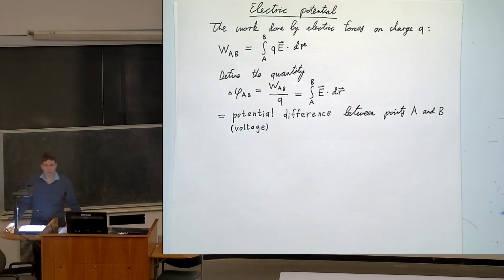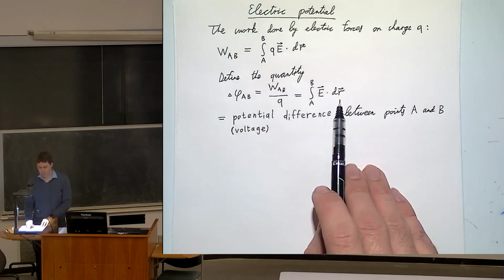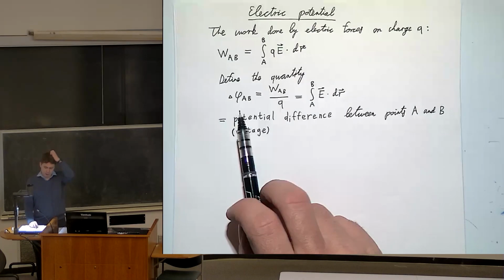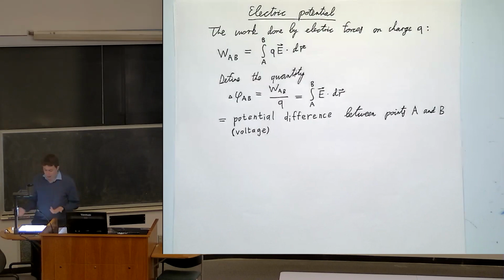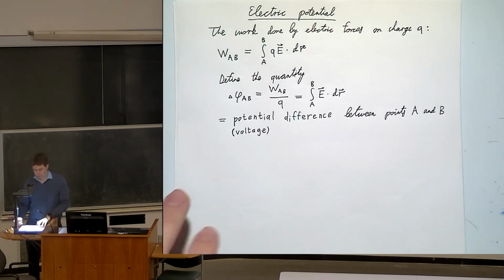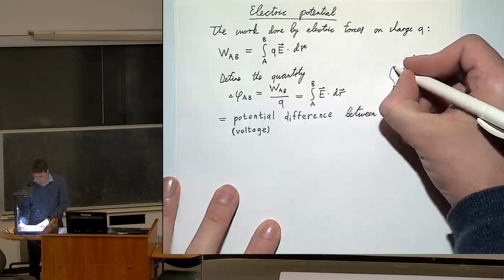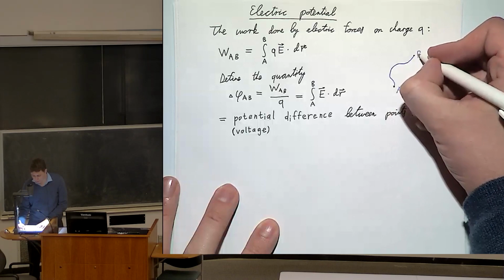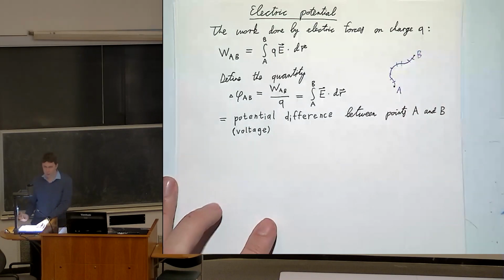The integral of the vector E times dr, that's not a dot product, right? It's just multiplication. Oh, it is a dot product because we've got two vectors, E and dr, they're both vectors. And delta phi AB, that's a scalar. So we do multiply them. To compute that integral, we've got a path between A and B, and we compute it like a usual one-dimensional integral.